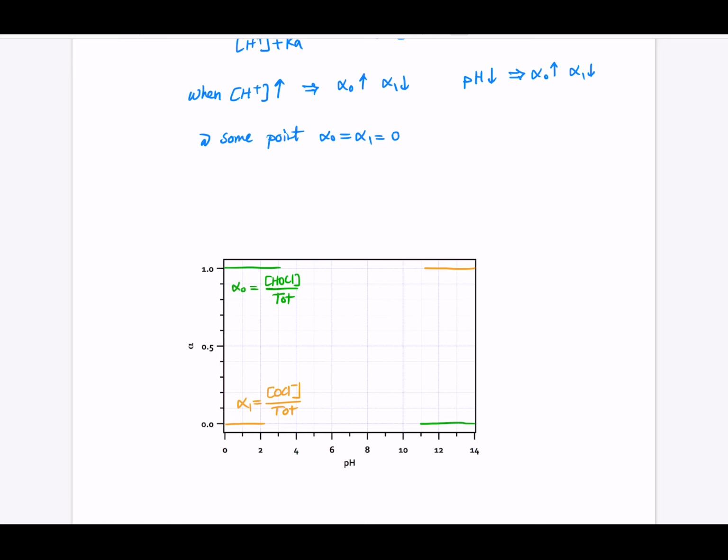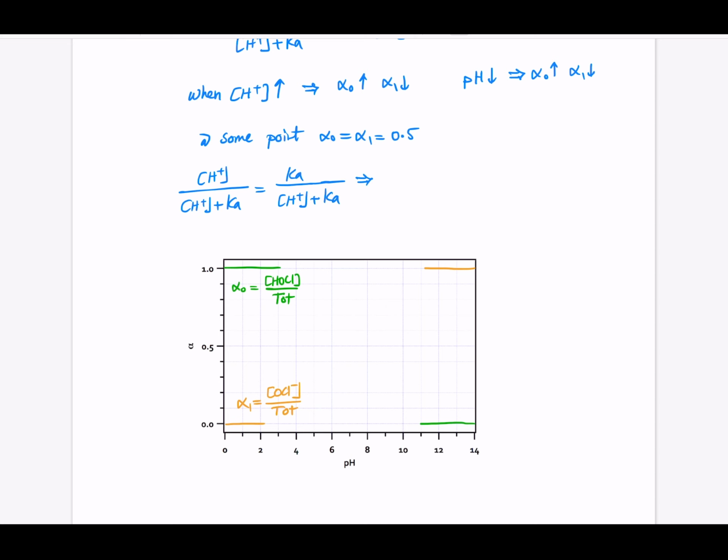If they're equal, this would be 0.5. What it means is that alpha 0, which is H plus over H plus Ka, is equal to Ka over H plus Ka.